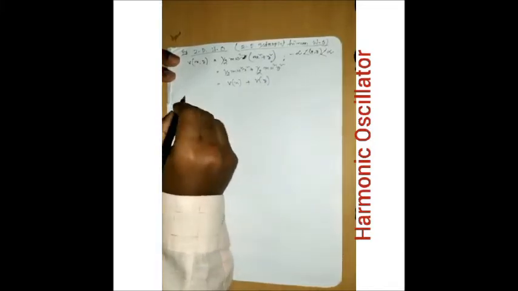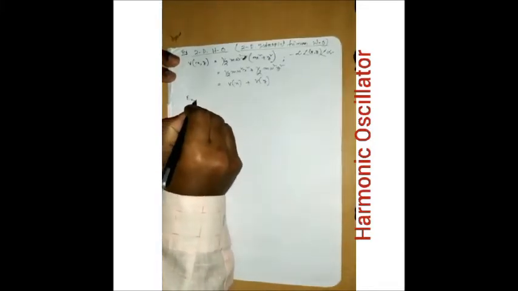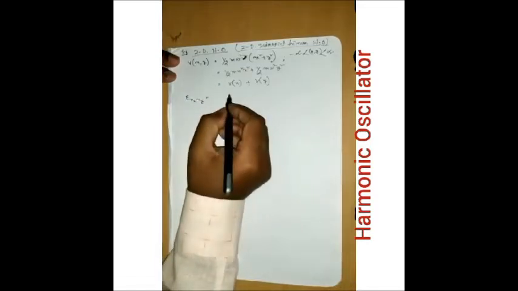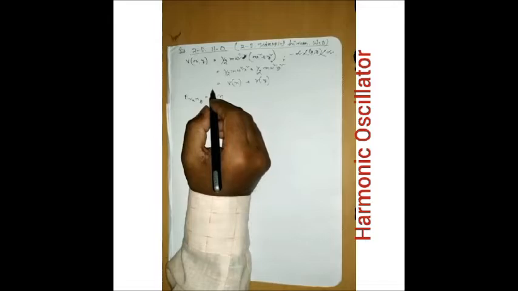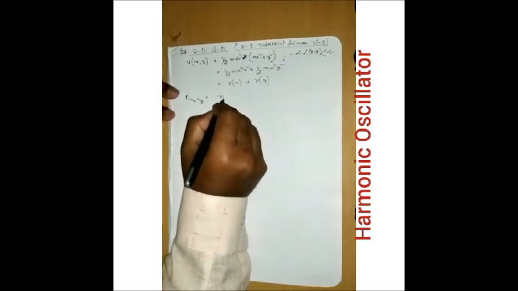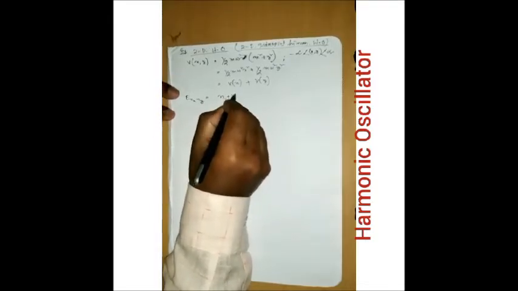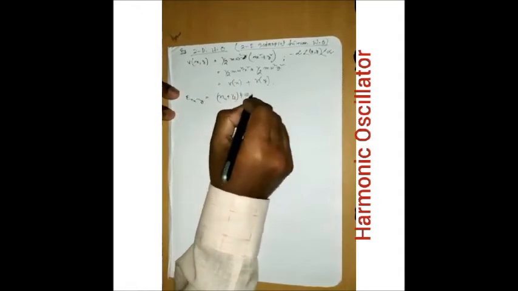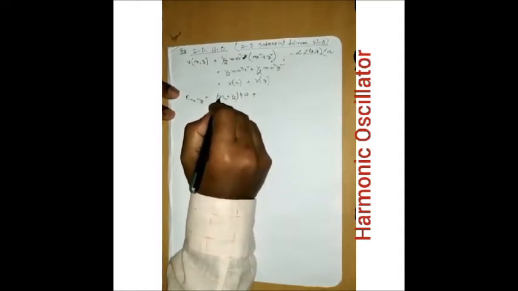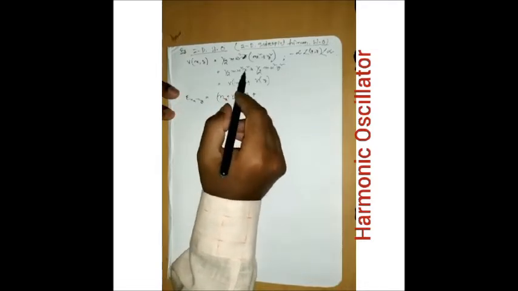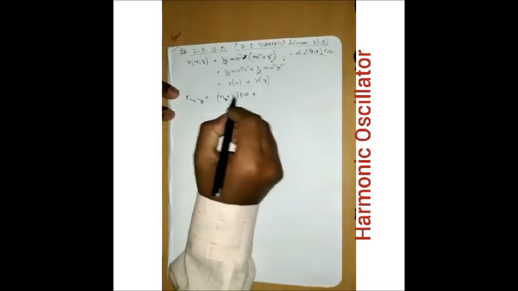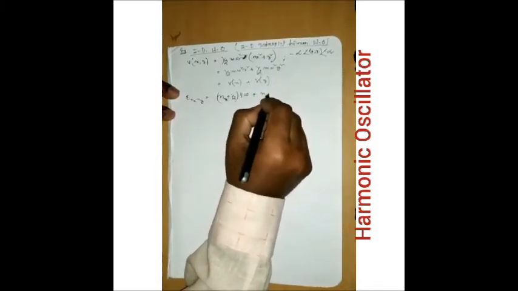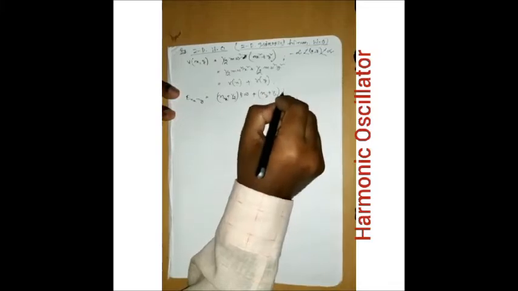So instantly I can write the energy eigenvalue for nx and ny. For the 1D harmonic oscillator we know it is n plus half h cut omega. Earlier I mentioned it is n only, but here, to distinguish, because n will come two times, one is nx and another is ny: nx plus half h cut omega plus ny plus half h cut omega.